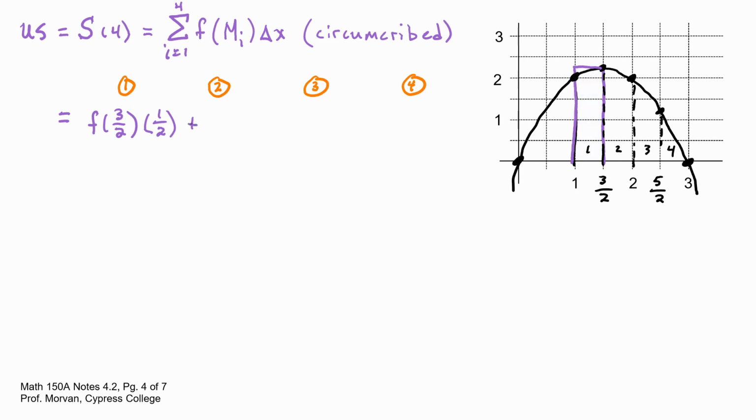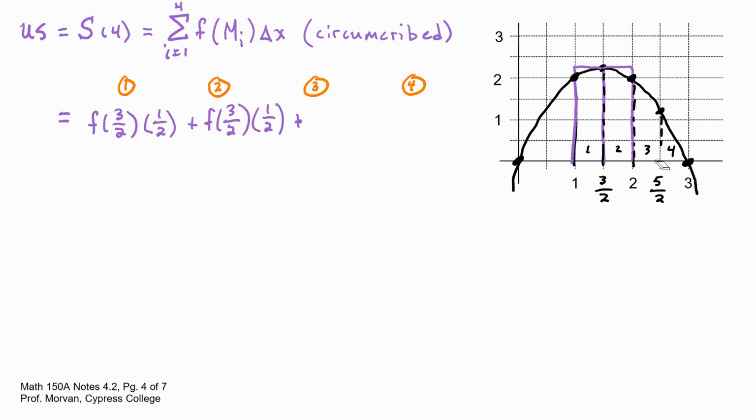And we have to add to that the area of rectangle 2. And in region 2, once again, we need the circumscribed rectangle. So that means for region 2, I can't pick f of 2 because that would be an inscribed rectangle. I have to pick f of 3/2 because that gives me the circumscribed rectangle. So we will do f of 3/2 times delta x, which is 1/2. We have to add to that the area of the rectangle in region 3.